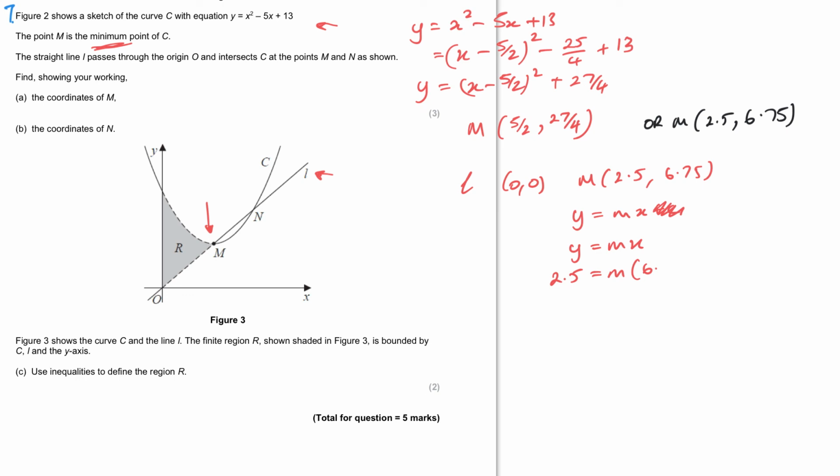I was going to say it the other way there, but clearly I'm mixing up my x's and y's, so easy to do. And there we have it. So m is equal to 27 over 10, or 2.7. Okay, so y equals 2.7x, and that's my equation for L.